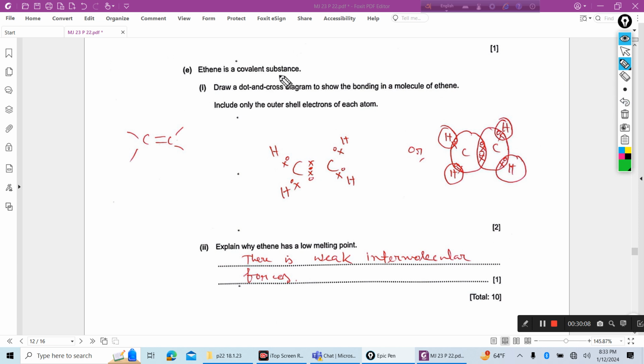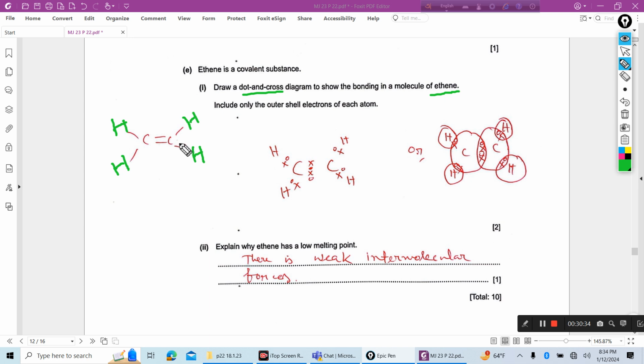Ethene is a covalent substance. Dot and cross diagram to show the bonding in a molecule of ethene. Ethene, you know, this is carbon carbon double bond, this 4 hydrogen. Any single bond contains 2 electron, double bond contains 4 electrons.